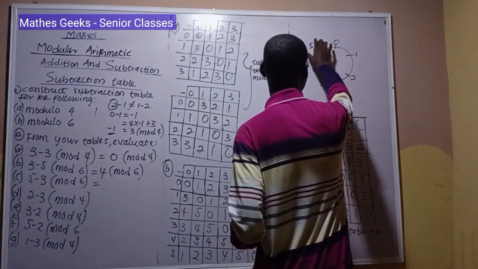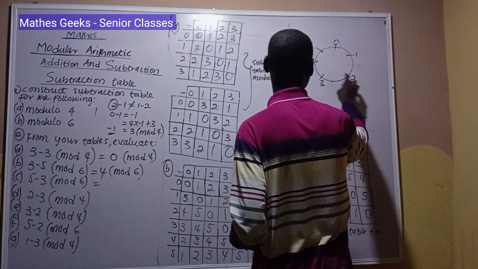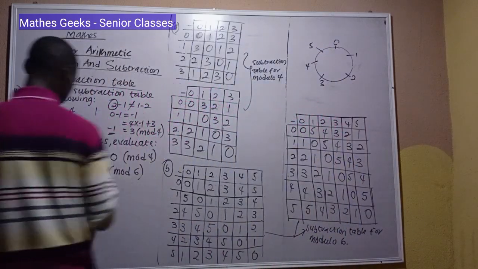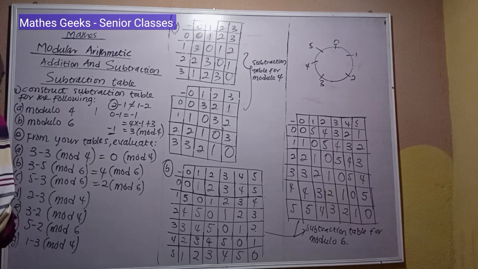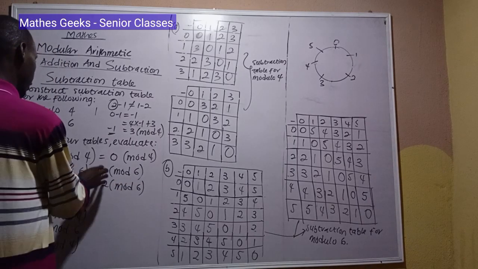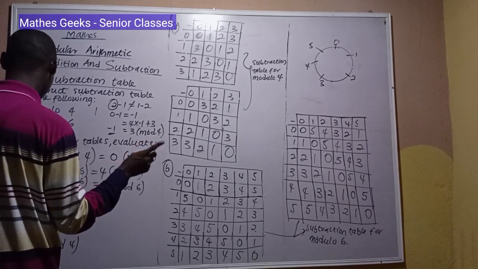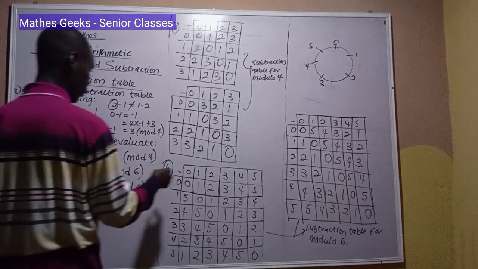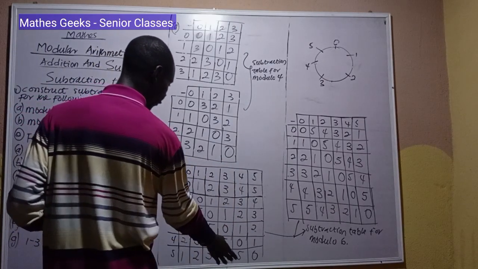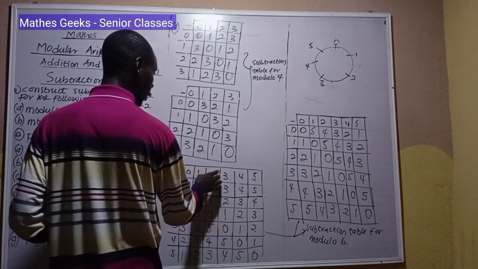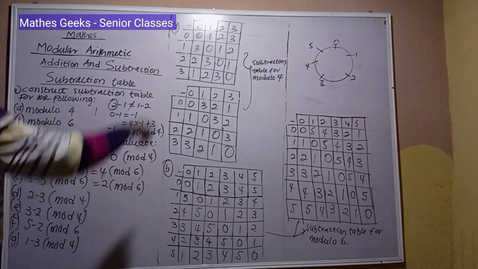Start at 5, move backwards 3 times: 1, 2, 3. Correct, 5 minus 3 is 2 in mod 6. The reason I got a conflicting answer earlier was with 3 minus 5. Since I started with 2 there, 3 minus 5 is 4. Even here, the answer will still be the same. But to check, use your number circle.